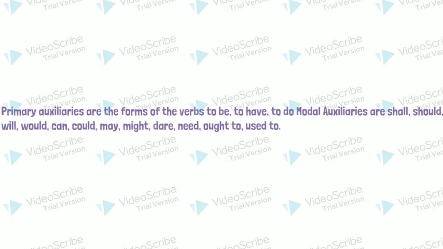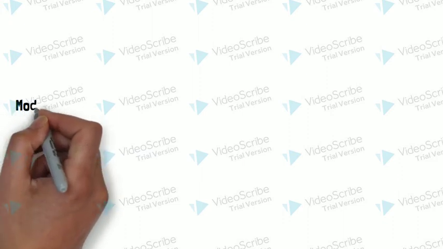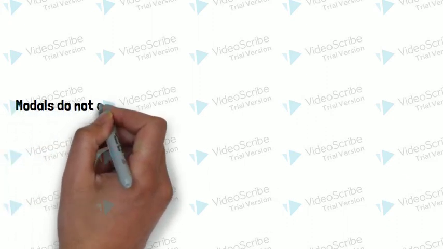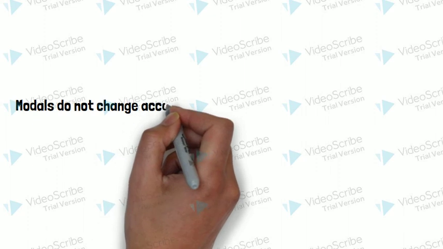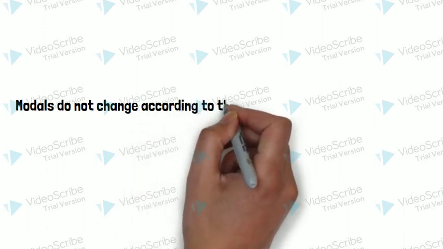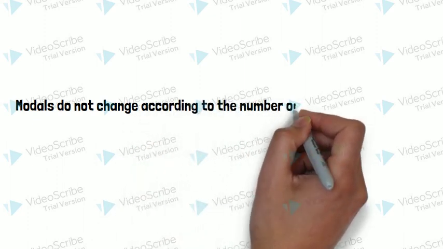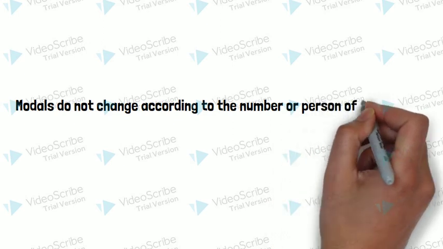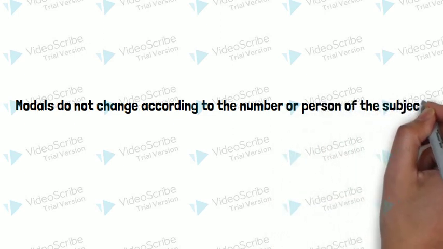Modal auxiliary means shall, should, will, can, could, may, might, dare, need, ought to, used to, and so on. One of the important points about modals is that they do not change according to the number of person or the subject.